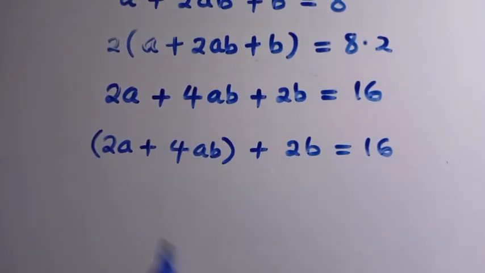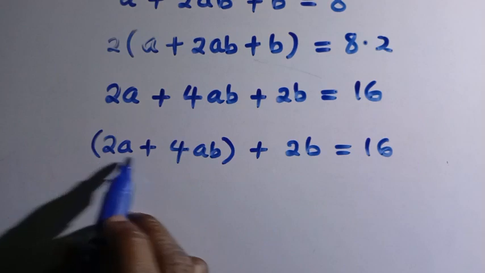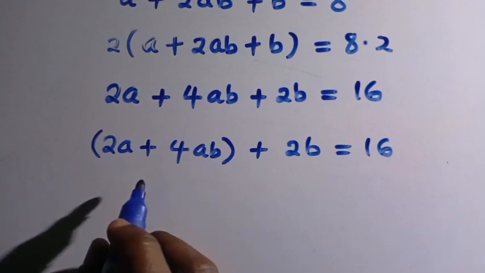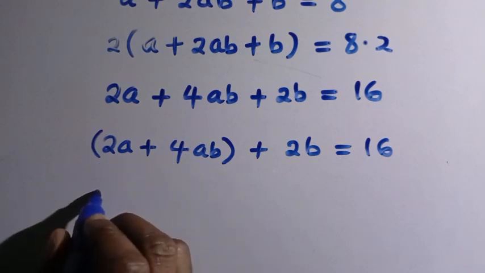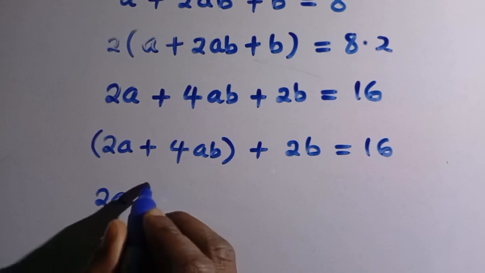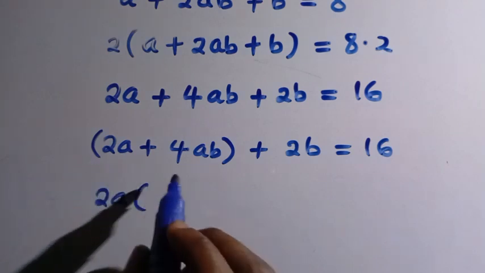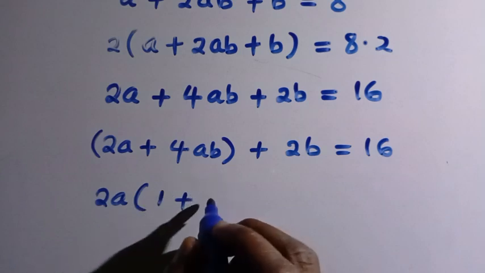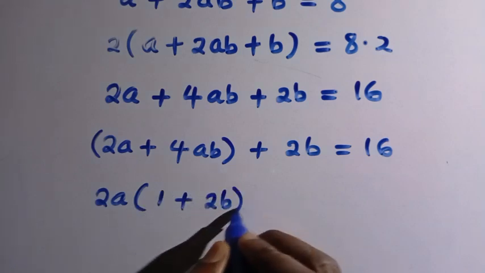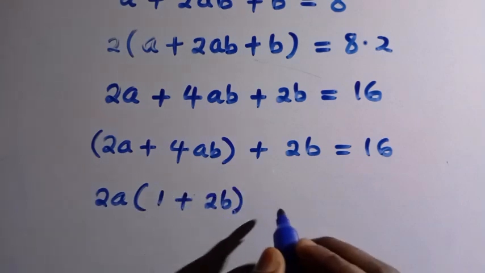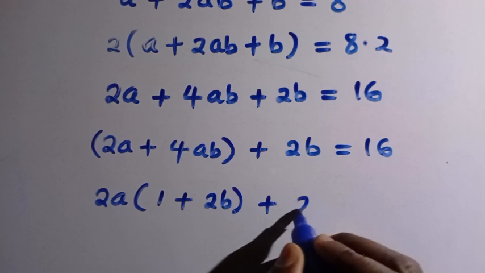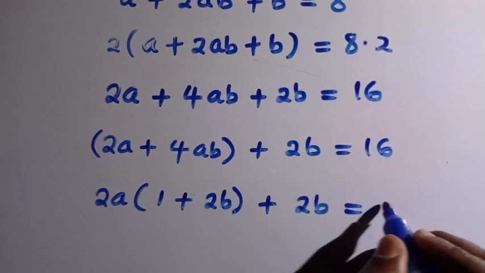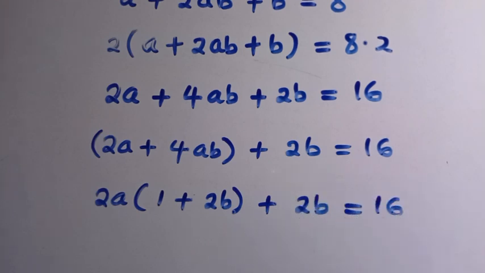What we can factor out here is 2a. By taking out 2a, when we divide this one by 2a, we have 1 plus, and also when we divide this one by 2a, we get 2b, plus 2b equals 16.